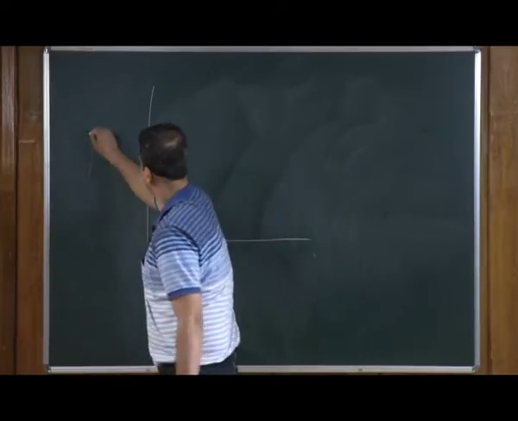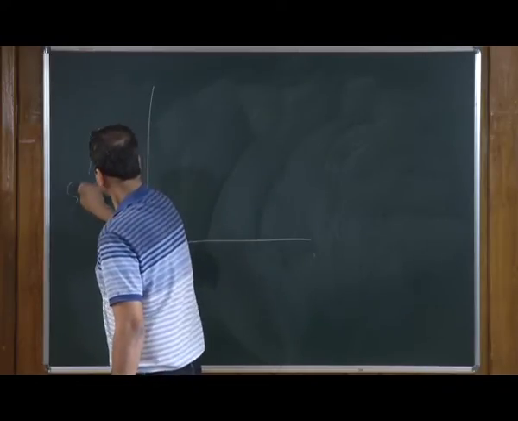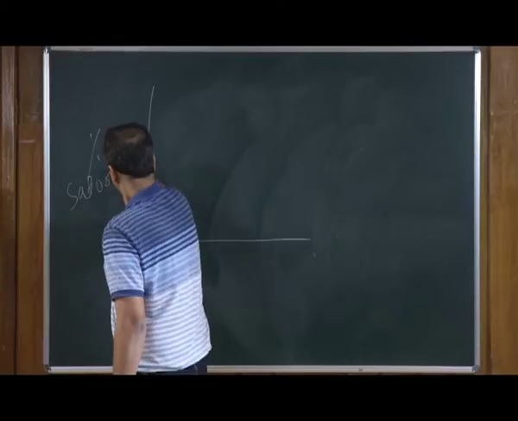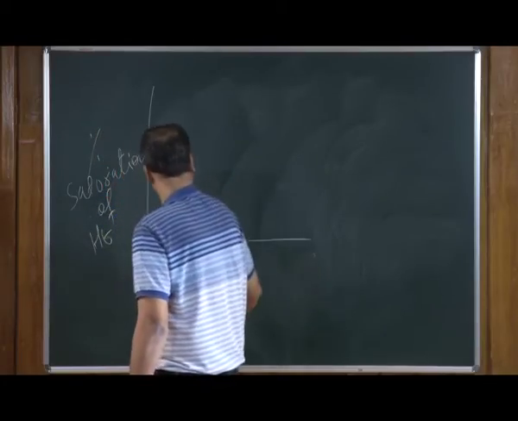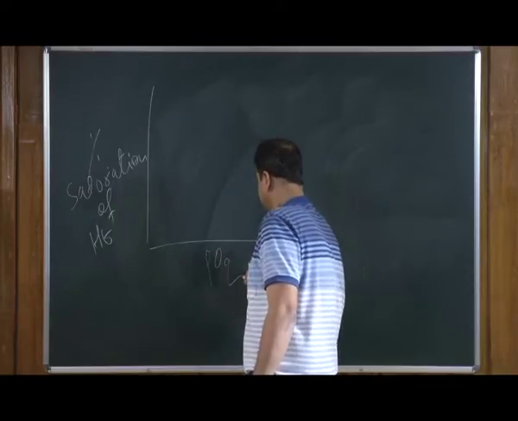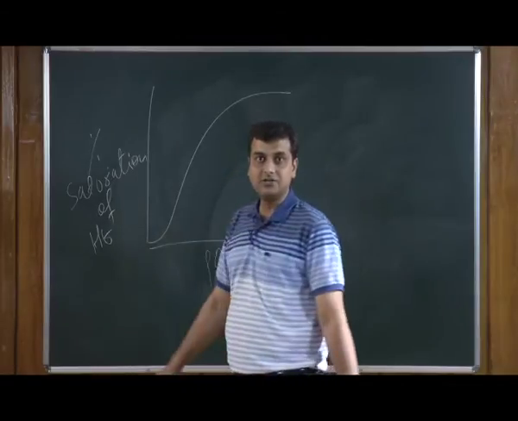So, this is the percentage saturation of hemoglobin, and here we can simply say the partial pressure of O2. This graph is roughly sigmoid in nature.